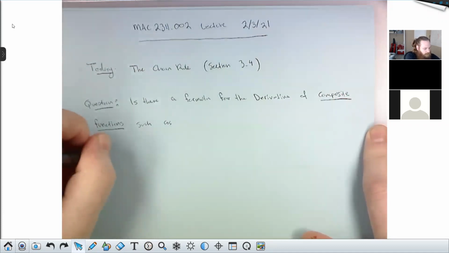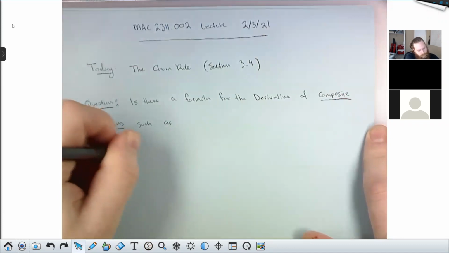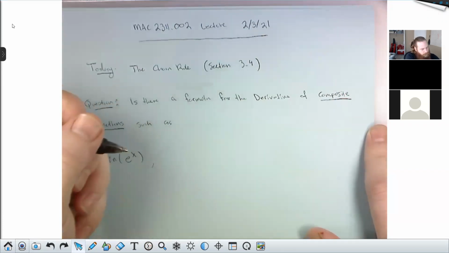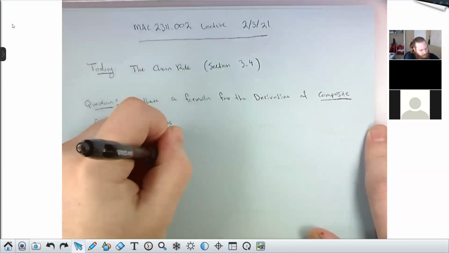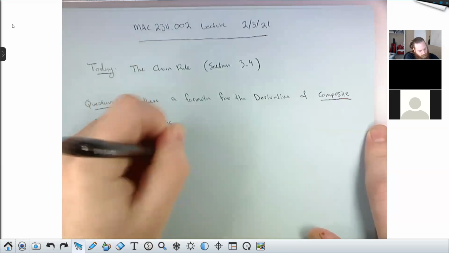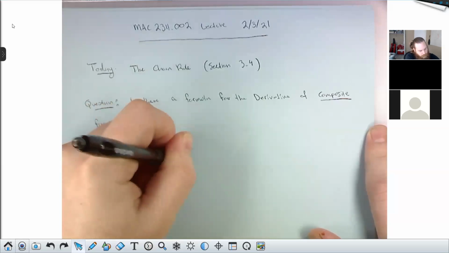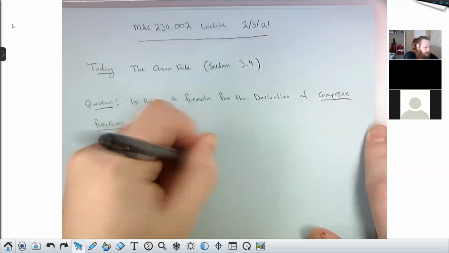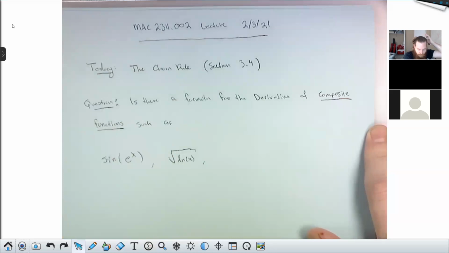I don't remember the exact examples we used, but like sine of e to the x, or maybe the square root of the natural log of x, or, you know, you can imagine all sorts of things like this.